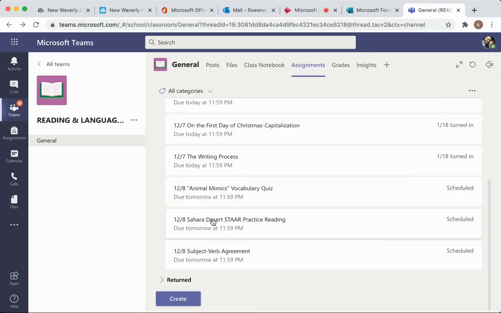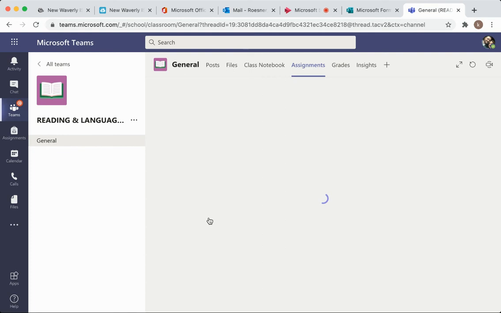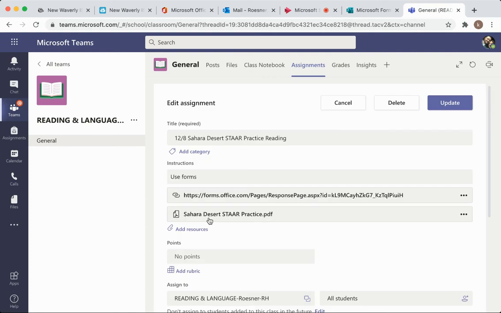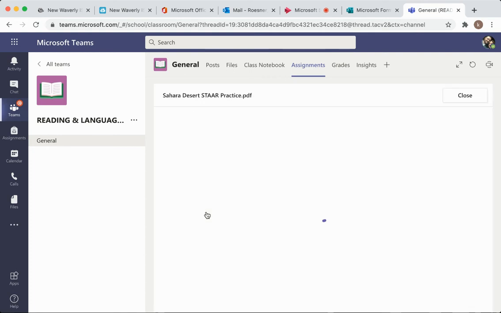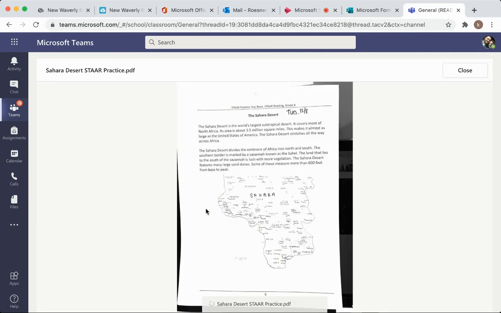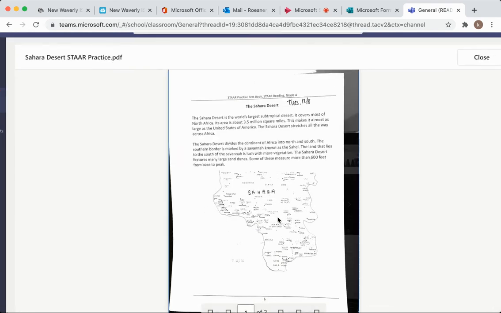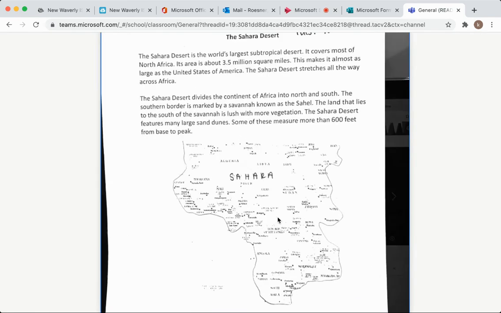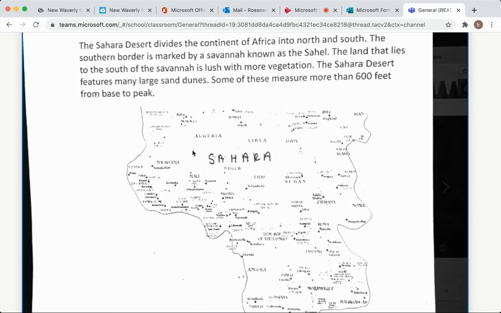Your second assignment is a STAAR practice reading. It's a mini STAAR test. So I'm going to pull up the passage for you. And this scanned really light as far as the map goes, but all you need to know as far as the map goes is that this whole thing is the Sahara.